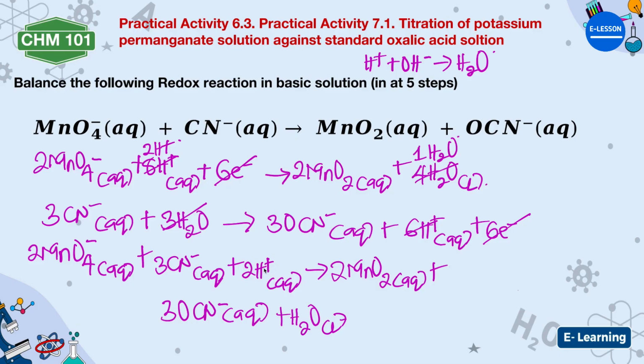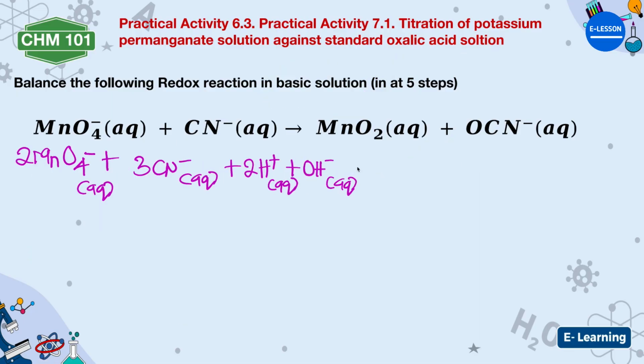Because you have 2H plus here, you have to add 2 OH negative. Why? Because the reaction is taking place in a basic medium, not an acidic medium. If it's acidic, at this point in time, you can end the whole reaction. But because it's taking place in basic medium, that H plus will be neutralized.